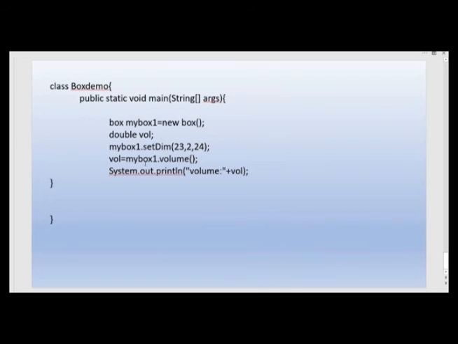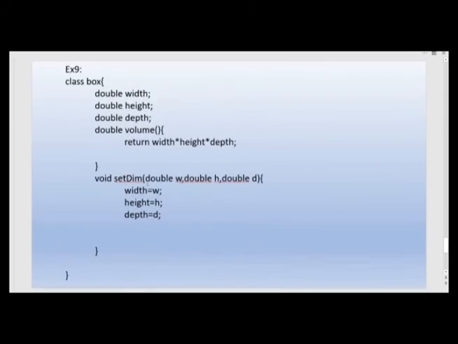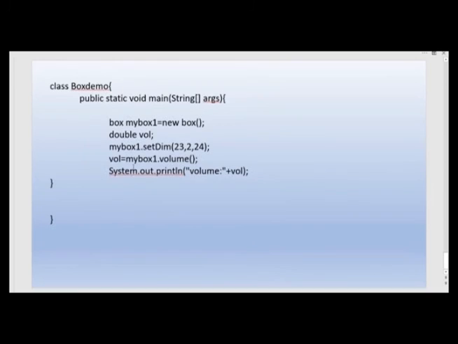I told you we cannot directly access the method without the static keyword. You can see this method and this method have no static keyword. Therefore we must create an object.